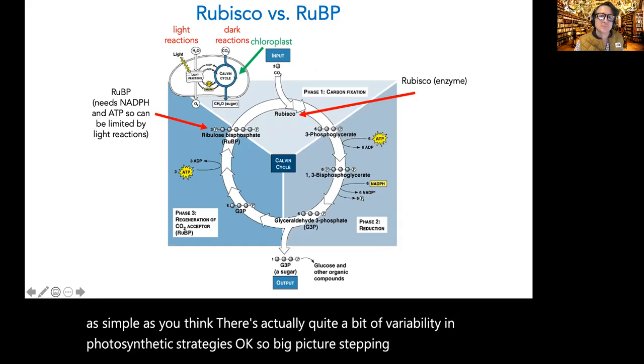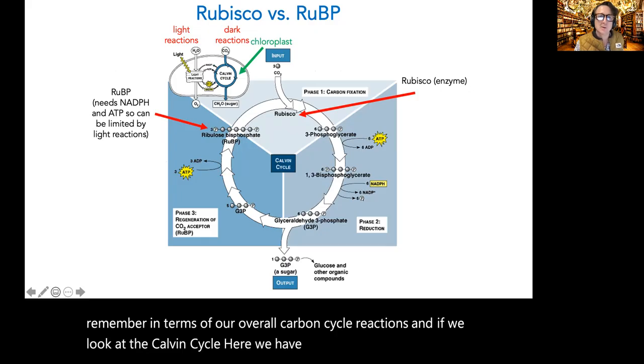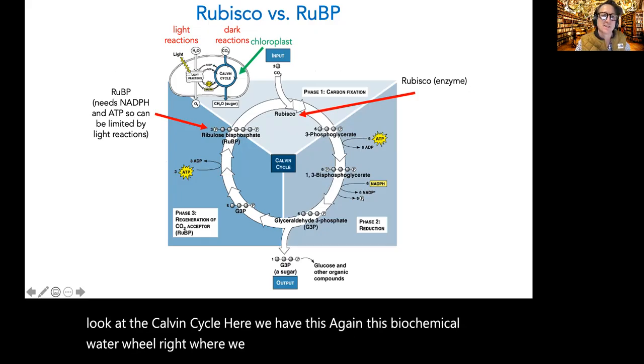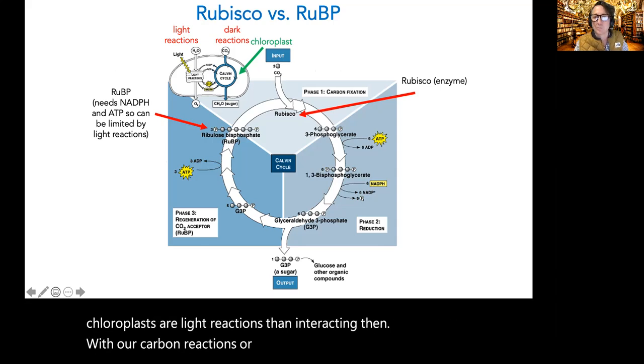If you remember, in terms of our overall carbon cycle reactions, if we look at the Calvin cycle here, we have this biochemical water wheel, right? Where within the chloroplast, our light reactions interact with our carbon reactions, or dark reactions, all within the chloroplast.